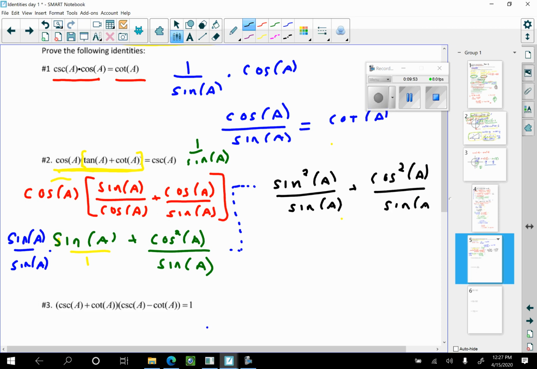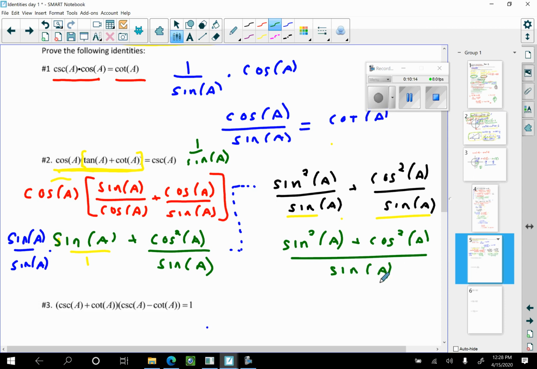And I'm going to tell you right now, ladies and gentlemen, the Pythagorean identity is going to come up multiple times. So now I can add these fractions because we have the like denominator. So let's add those fractions. And what do I have on top? I have sine squared of A plus cosine squared of A over sine of A. Oh, what's the sine squared of A plus cosine squared of A?